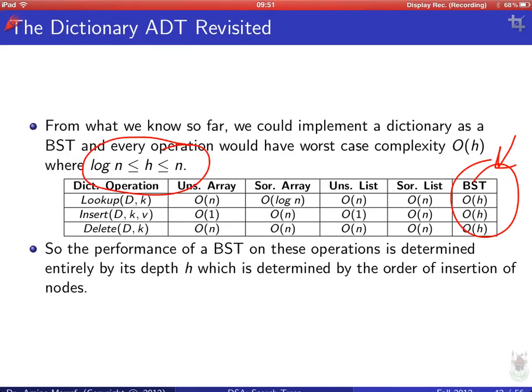Basically, we said that it's promising because we might have a way of causing the tree depth to go near log n, and this is what we will see in this last part of the lecture.